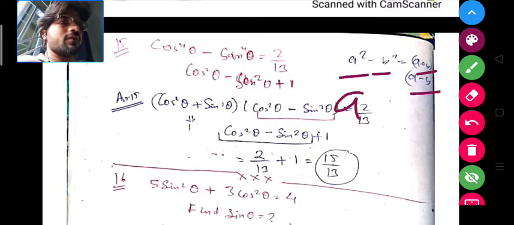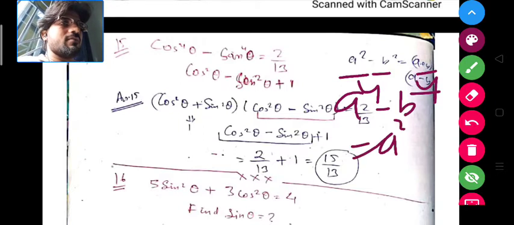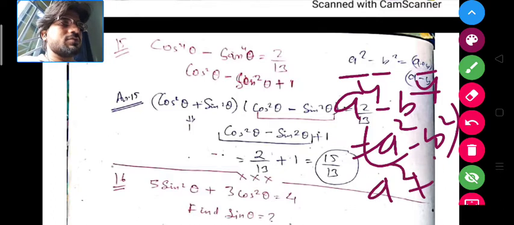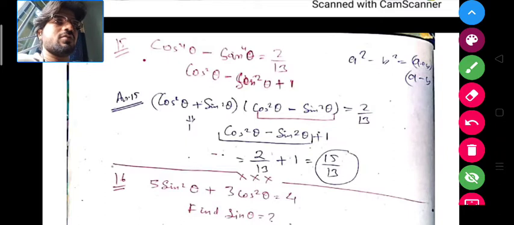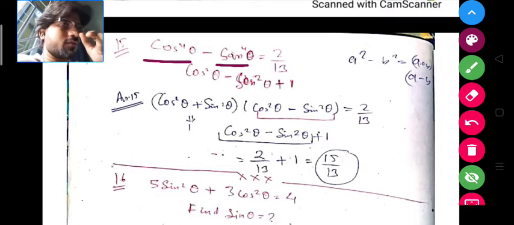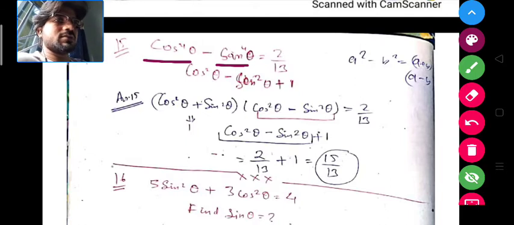So a to the power 4 minus b to the power 4 is a square minus b square multiplied by a square plus b square. Here it is given in the form of cos and sine. So cos 4 theta minus sine 4 theta is cos square theta plus sine square theta times cos square theta minus sine square theta, which is equal to 2 by 13.